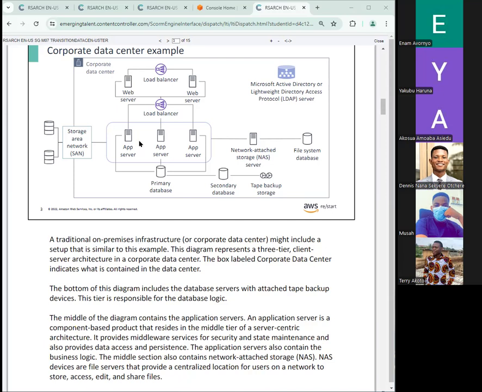When you look at the app server, so the Nginx Apache that I'm talking about, the server, as Dennis mentioned, it does come with its own storage. So those things would be stored on the server.